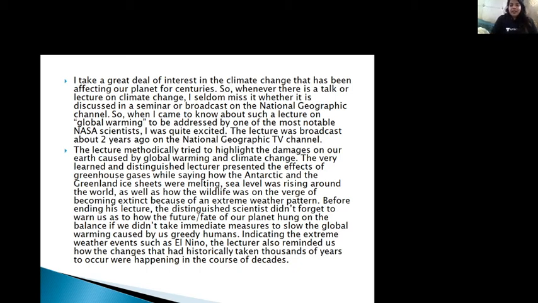Sea level was rising around the world, as well as how the wildlife was on the verge of becoming extinct because of an extreme weather pattern. Before ending his lecture, the distinguished scientist did not forget to warn us as to how the future fate of our planet hung in the balance if we did not take immediate measures to slow the global warming caused by us greedy humans.